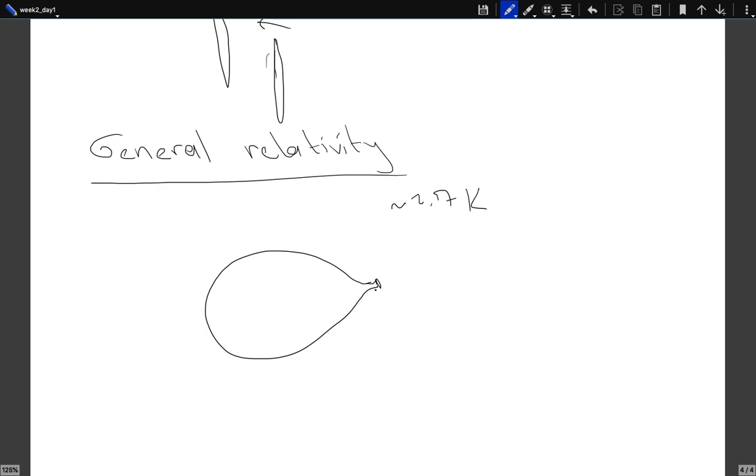Just imagine a balloon, and you put some dots on the balloon. Those dots might be at rest on the surface of the balloon. But if you blow up the balloon, although these dots are not moving on the surface of the balloon, their separation will increase.